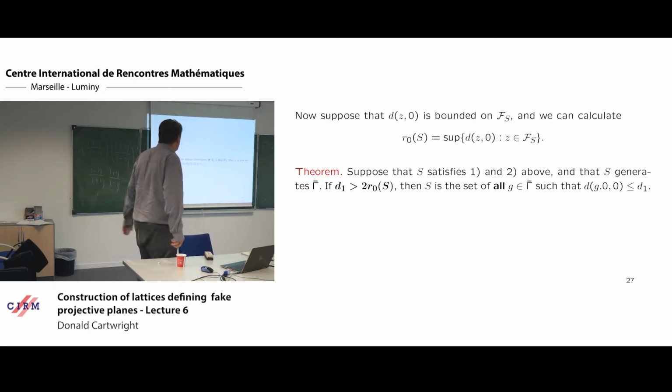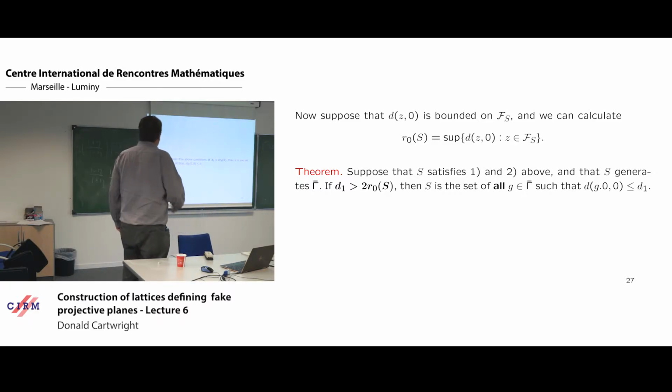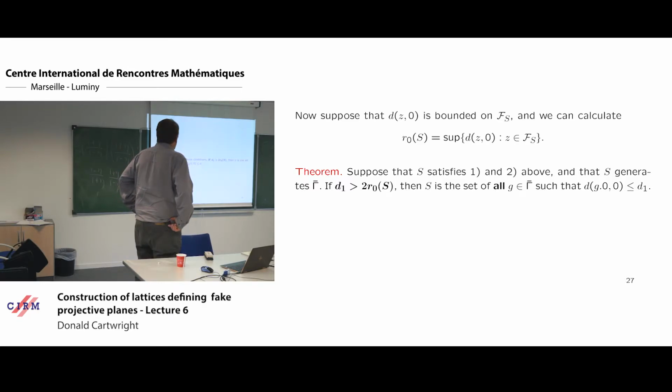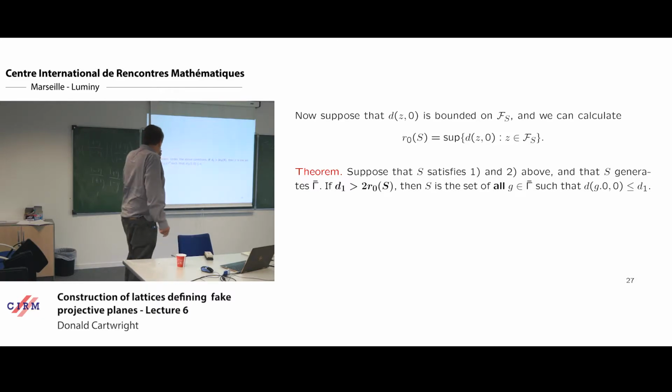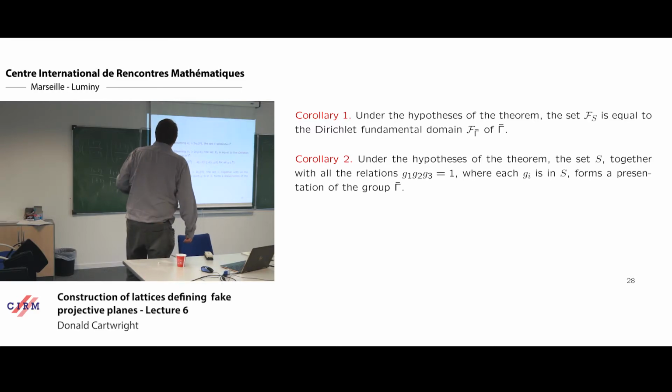And if it turns out, Tim's talk last hour had R1, not D1, but apart from that, if you've set D1 big enough, and if you can calculate R sub 0, then you have all elements which move the origin at most D1. That's what Tim talked about last hour. And that has the following consequences, which he talked about. Once the same condition holds, the set you've got generates gamma bar.